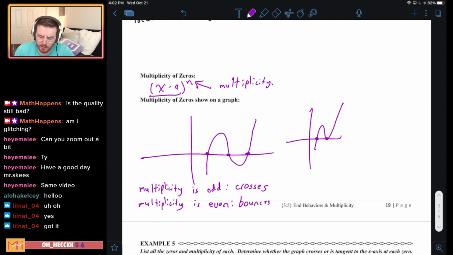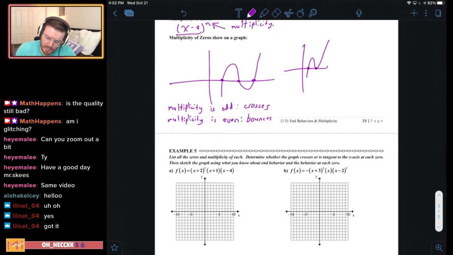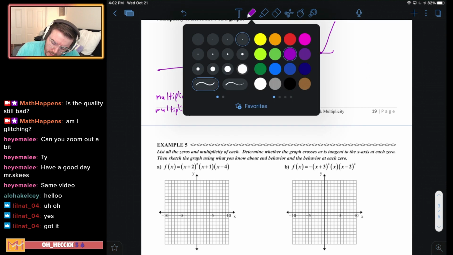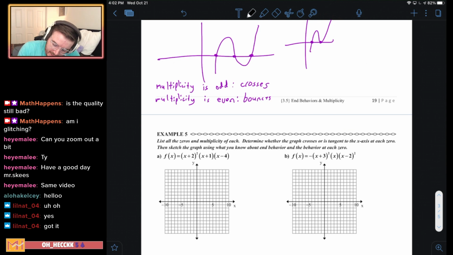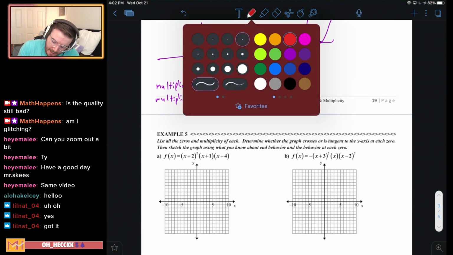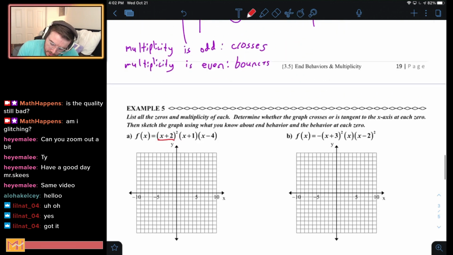Let's see it in action. We know that because this function has been pre-factored for us. You're welcome, right? We've been doing lots of factoring. This function is pre-factored. So there is a 0 at -2.